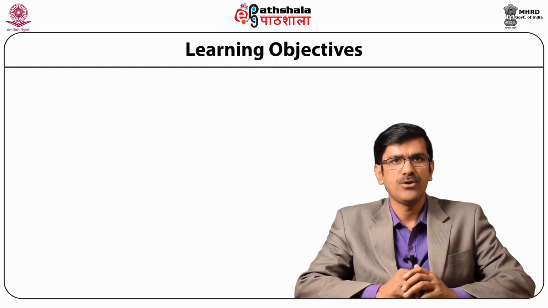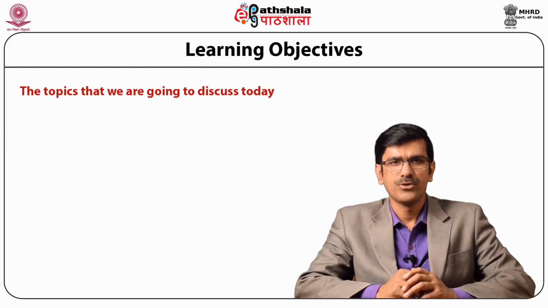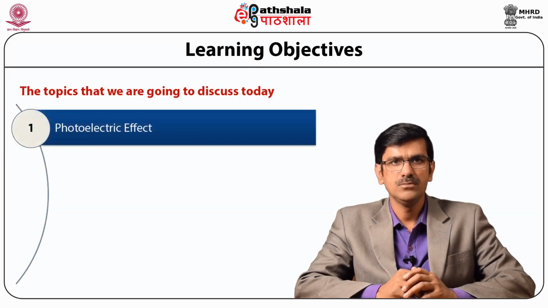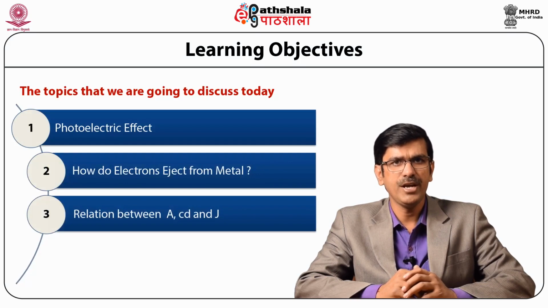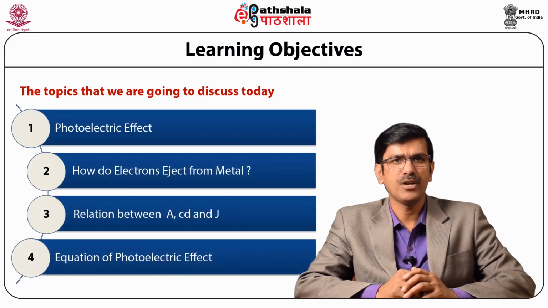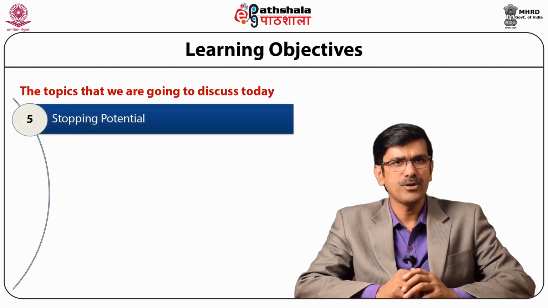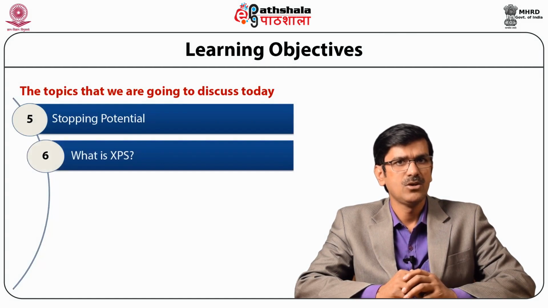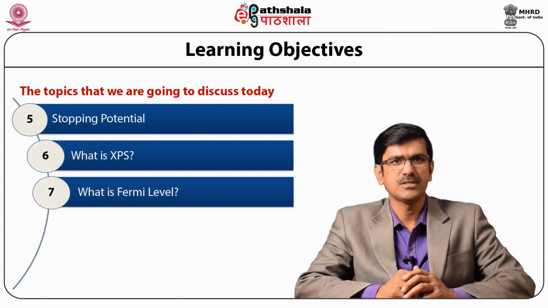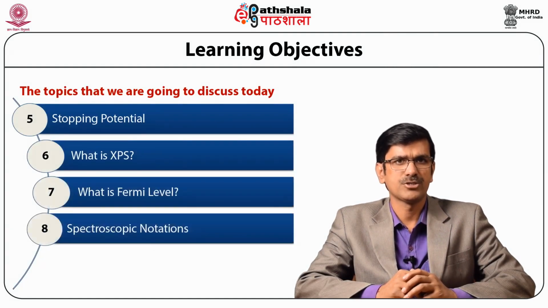So, the outline of the topics that we are going to cover today: the photoelectric effect and how electrons eject from metals, then the relationship between A, C, D and J, equations of the photoelectric effect, stopping potential, then we will discuss what is XPS, what is Fermi level, and spectroscopic notations.